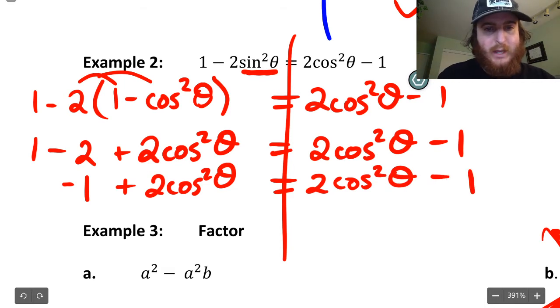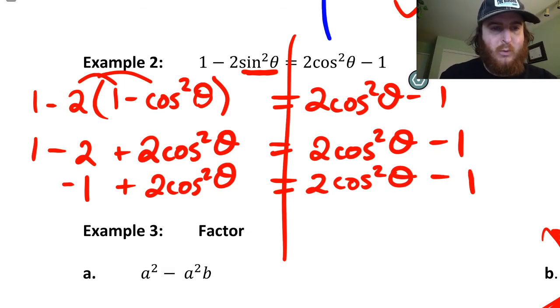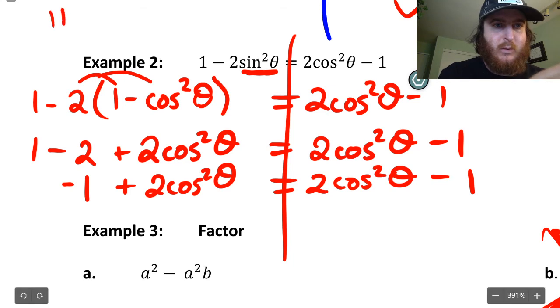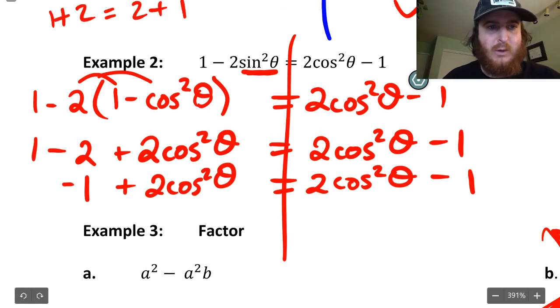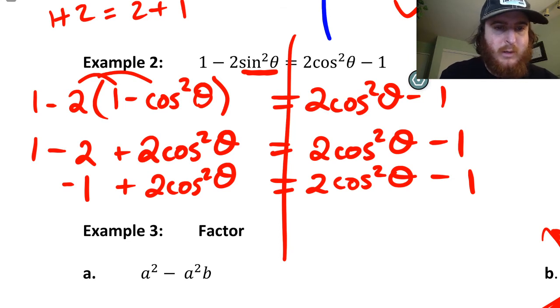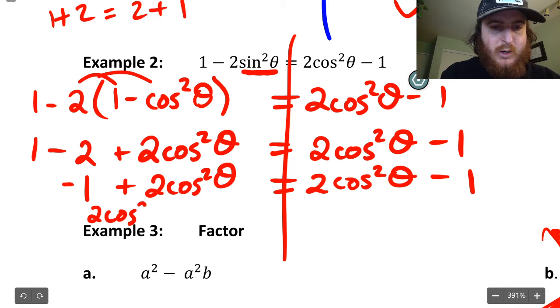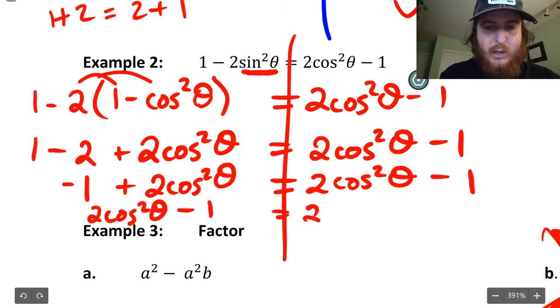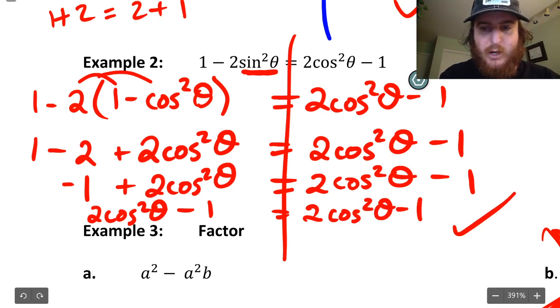They don't look quite the same yet, but they're basically there. We can just flip those, right? If you have 1 plus 2, that's the same as 2 plus 1. I don't remember if that's associative or commutative. One of you guys can look it up if you really want to. I might give you some extra credit. But basically, we just flip these. 2 cosine squared theta minus 1 equals 2 cosine squared theta minus 1. Put a check. We're done.